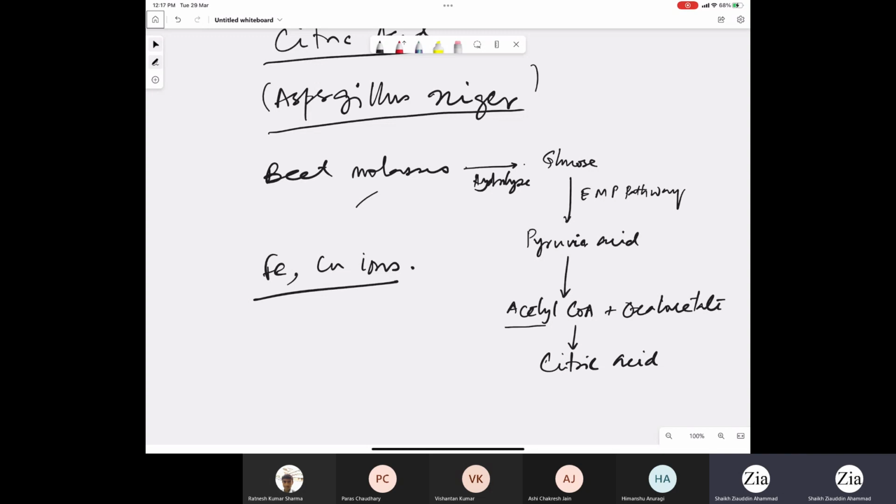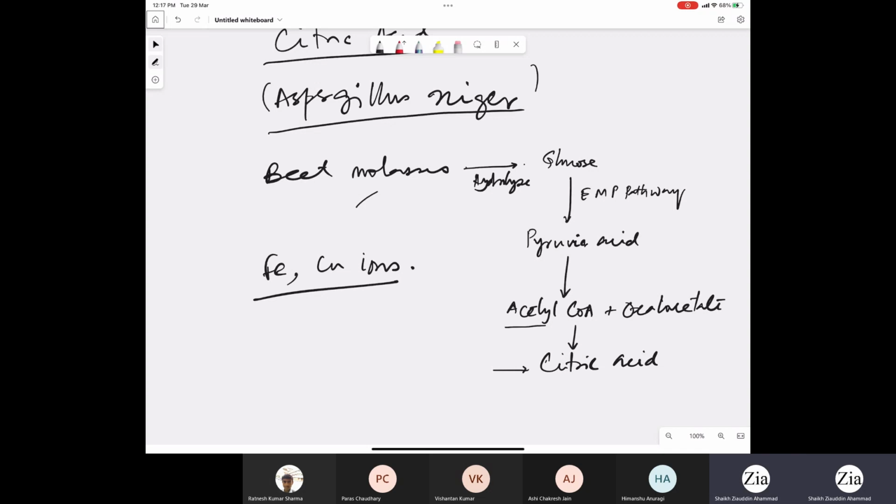Now, the problem with citric acid fermentation is the presence of iron and copper ions, and also different other mineral ions can participate and create impurities. So in most cases, whenever you talk about production of citric acid, you have to make sure that you use certain compounds which will remove the iron from the system. One option is to use certain compounds which are known as chelating agents, and the chelating agent will try to remove iron from the system.